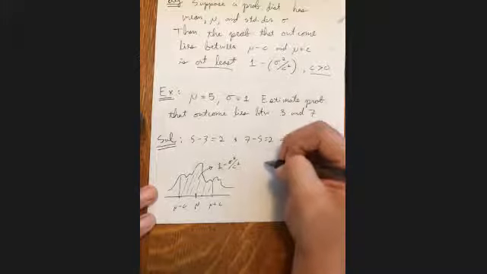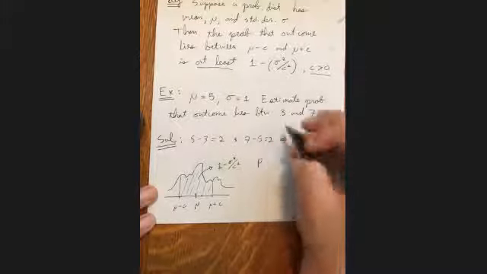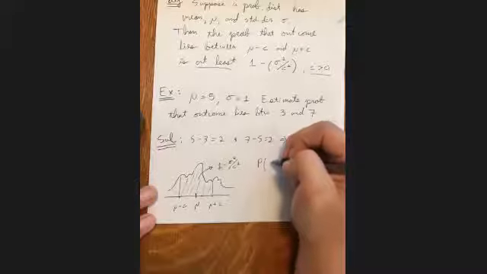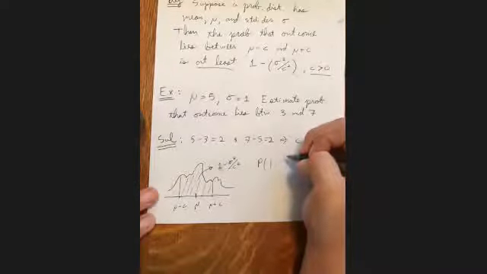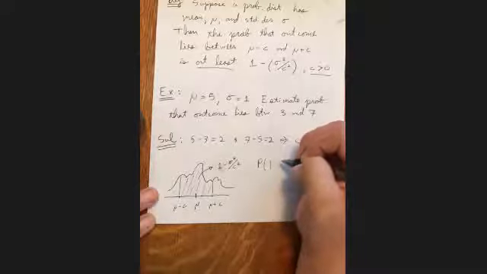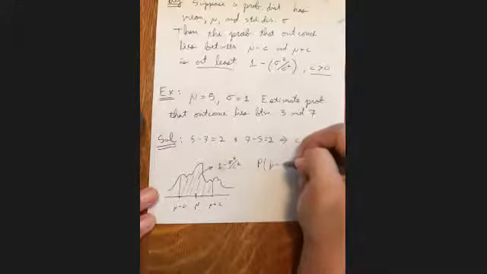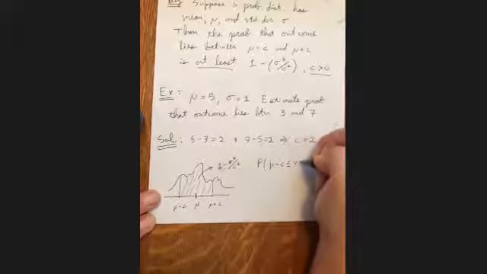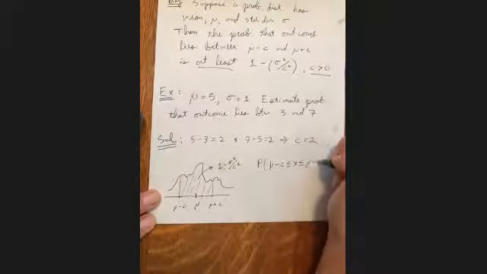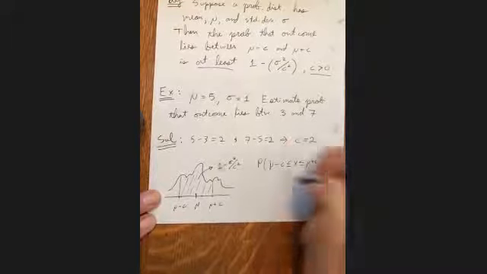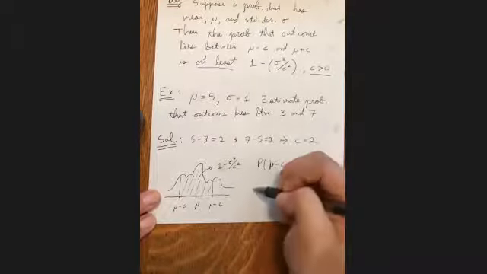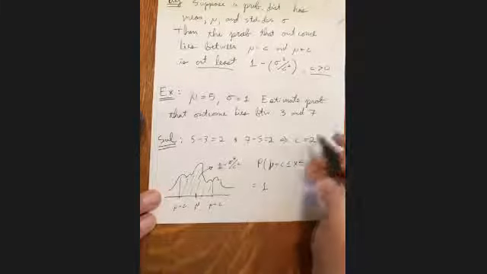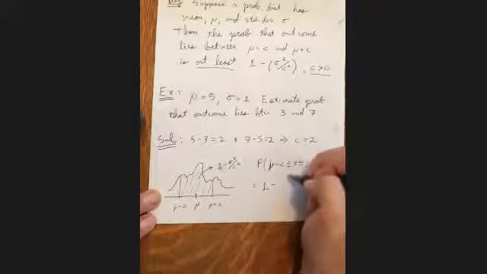The probability that we're looking for, one way to denote it is the probability that our random value x lies between mu minus c and mu plus c is given by 1 minus sigma squared over c squared.